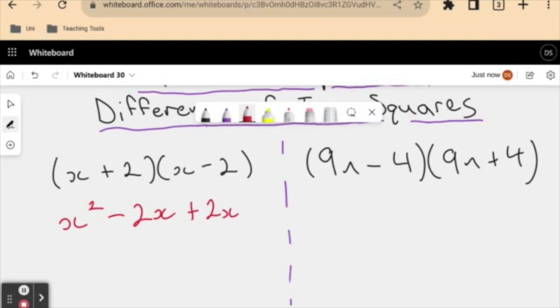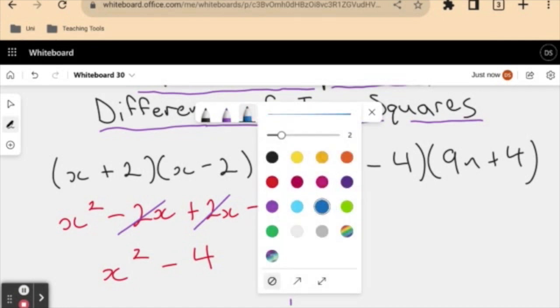And then 2 multiplied by negative 2 should give us negative 4. Now, what do we see here? Well, we have the same term here, 2x, but one is negative and one is positive. So we can add these like terms, and we'll notice that these two will cancel out because negative 2x plus 2x just gives us 0. So these terms will cancel out, and we'll be left with x squared minus 4.